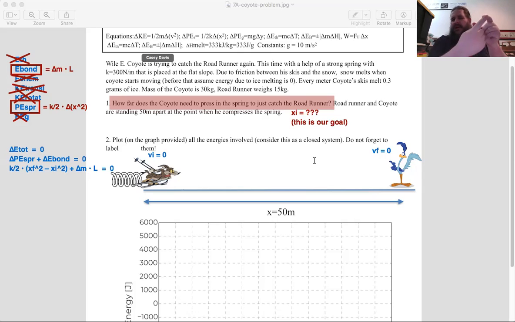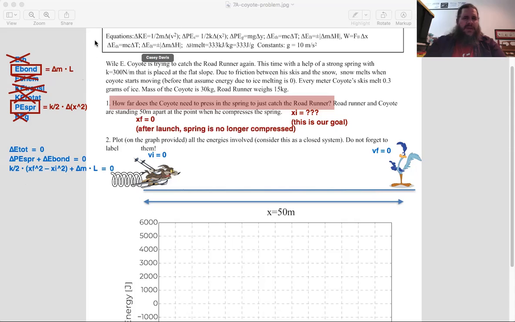If you take a spring and press it back and use it to launch something, after you launch it, how much is the spring compressed? Yeah, it's not compressed at all. There's no compression. So we know that X final is 0. After the launch, the spring is no longer compressed, not compressed or stretched. So X final is going to be 0.